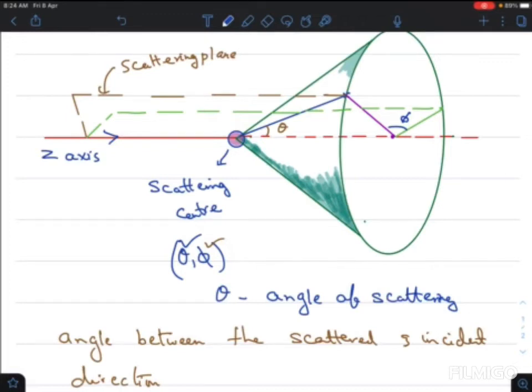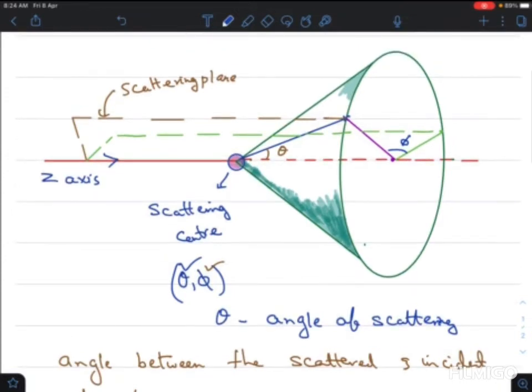So these are the terms which we come across while learning scattering theory. That is, the target called the scattering center. This process should be accommodated in a coordinate system, and here the coordinate system is nothing but the polar coordinate system. And you know that you have r, theta and phi. Here r is the incident axis, which we take as the z axis.